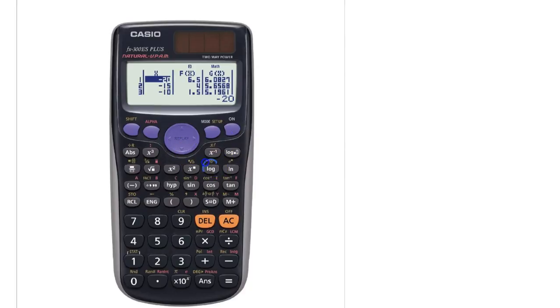The 10 to the x key is on the log key, so you put shift log, which gets 10 to the x, and then you can put the minus 3.2 and equals, and that should get you the answer. I don't have that calculator with me right now to double check that, but I'm pretty sure that's correct.